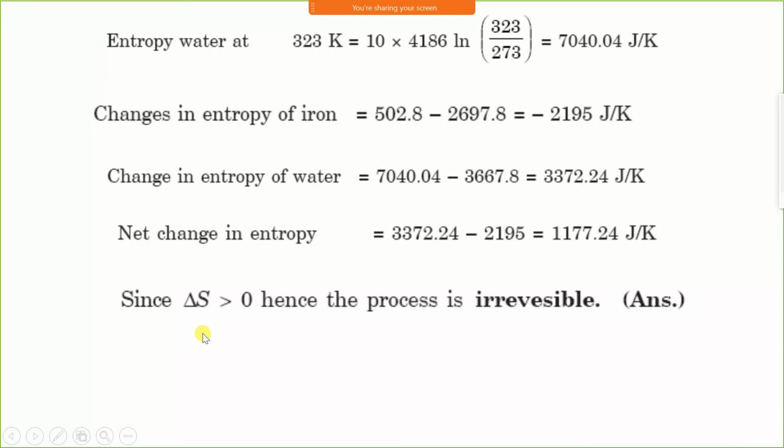Since change in entropy is greater than 0, hence the process is irreversible. We have already seen this condition. If the change in entropy is greater than 0, then the process is irreversible. If the change in entropy is equal to 0, then the process is reversible. If it is less than 0, then the process is impossible.